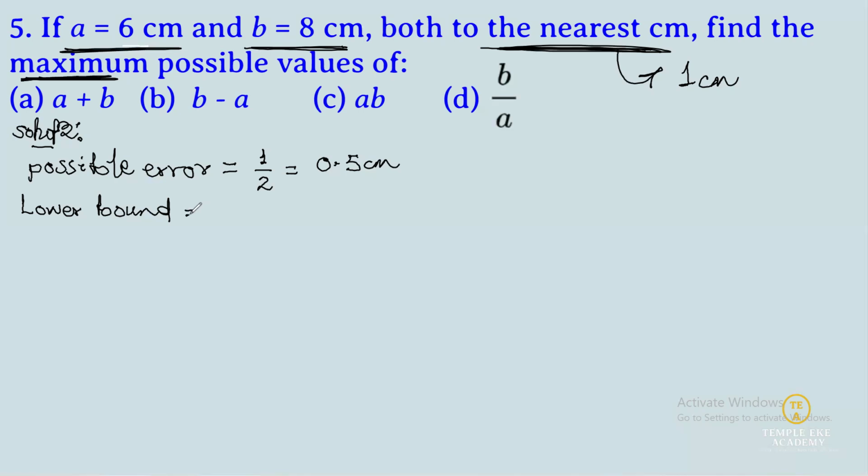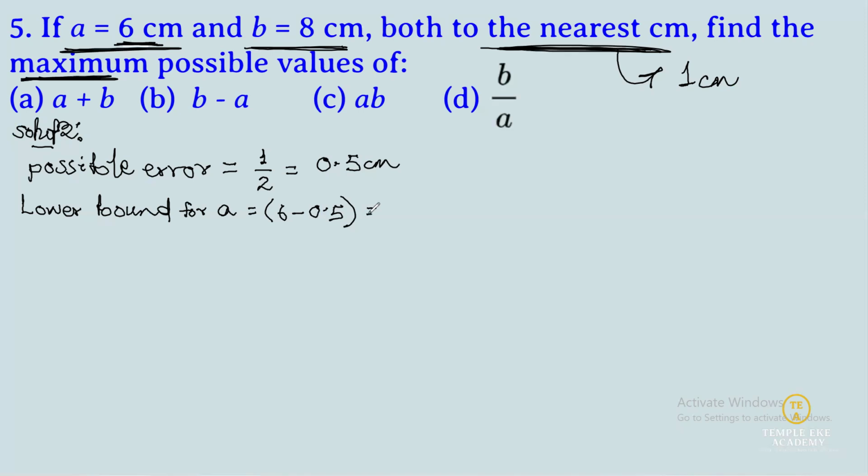The lower bound is going to be given by subtraction from the rounded value. There are two values here, A and B, so I have to group this. Lower bound for A is going to be the estimated value for A, which is 6 centimeters, minus the possible error, which is 0.5.